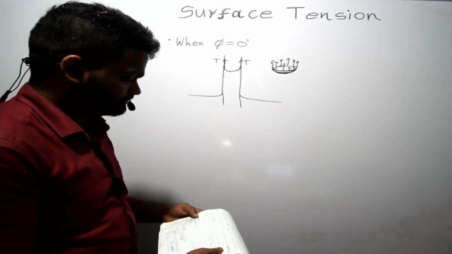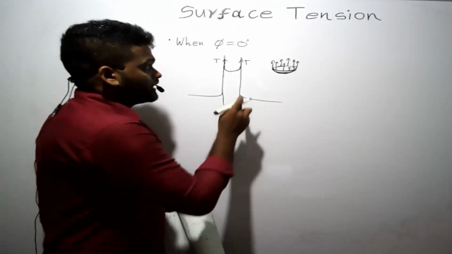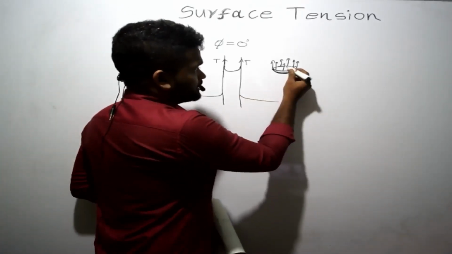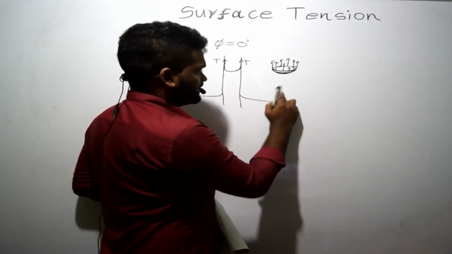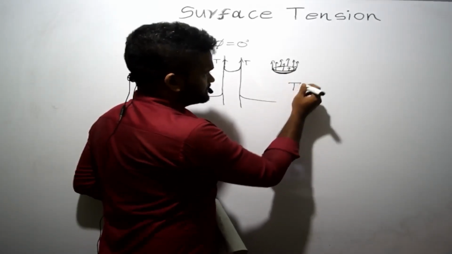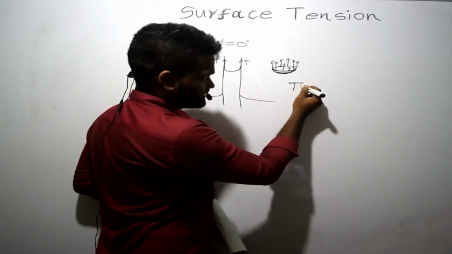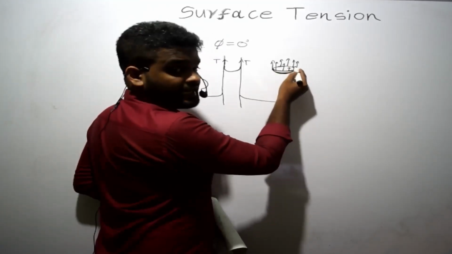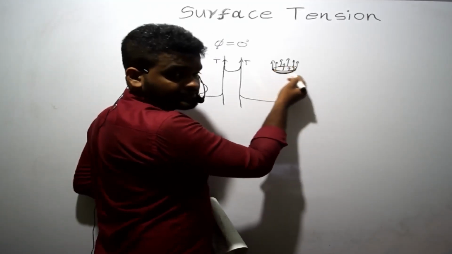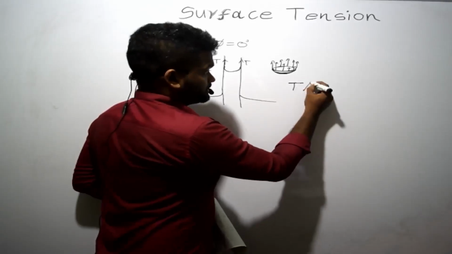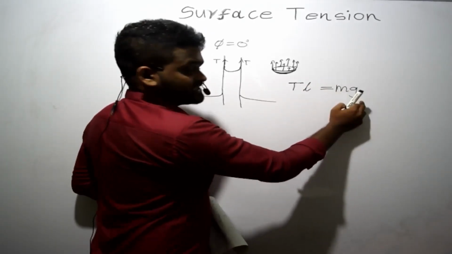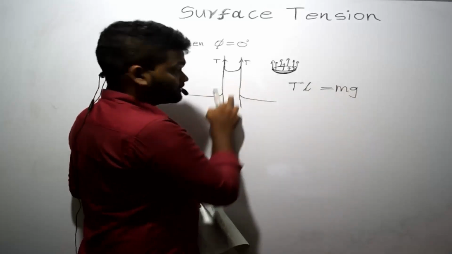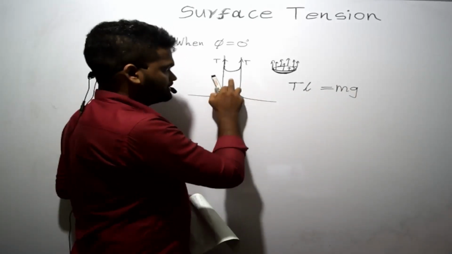Then what can we do? You have to find the total surface tension force. What is that? T, the surface tension coefficient, times length. Length, this is a circle, right? So I'll just say length. It is equal to mg. Mg means the weight of the water column, I mean, this rise amount.